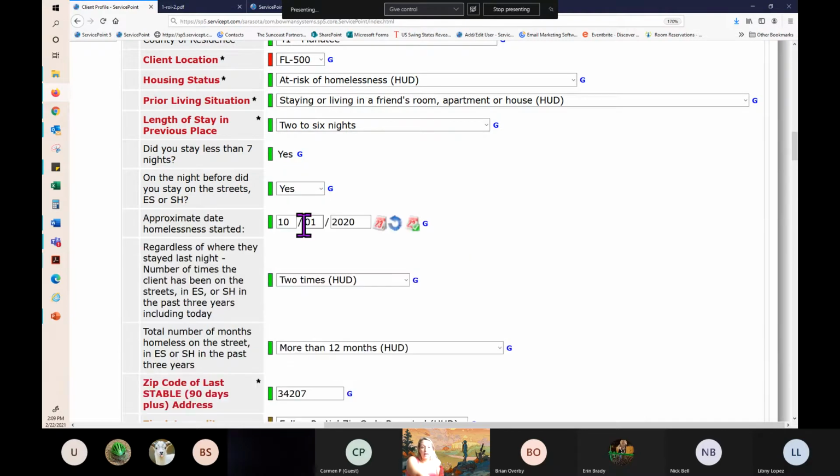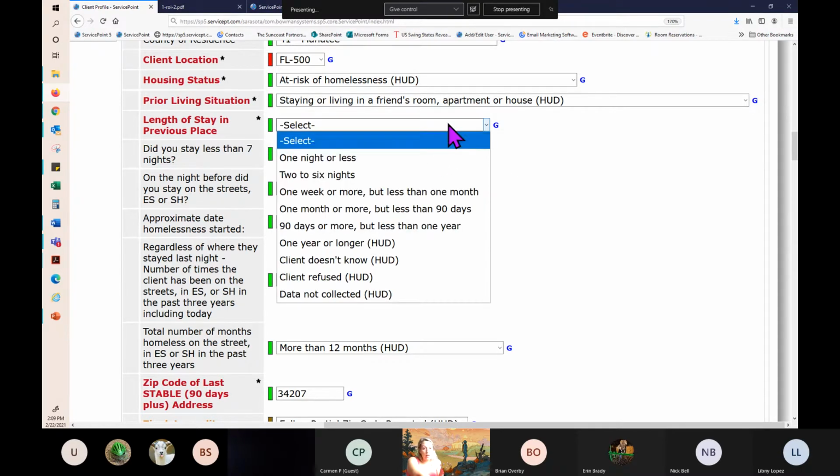So we can say yes and then report that homelessness, even if the client had only stayed at their friend's house a couple nights. This is their homeless date, and we are still able to record that, because this was not a long-term stay at their friend's house, something that's over a week.